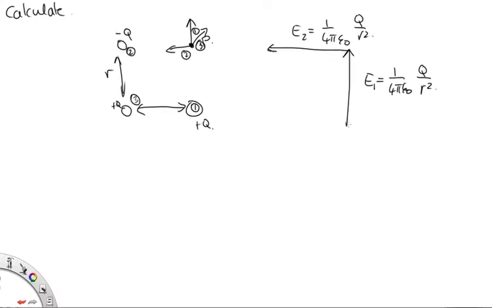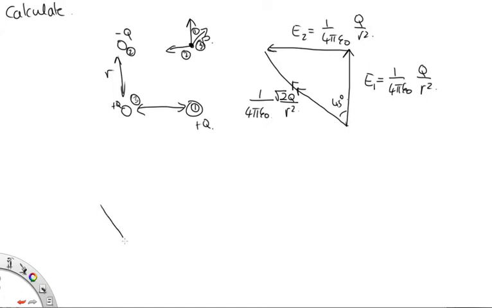So our resultant due to E1 and E2 is going to be up like this, these are equal, and so this will be 45 degrees. And when we work out this using Pythagoras, we end up with 1 over 4 pi epsilon naught root 2 Q over R squared.